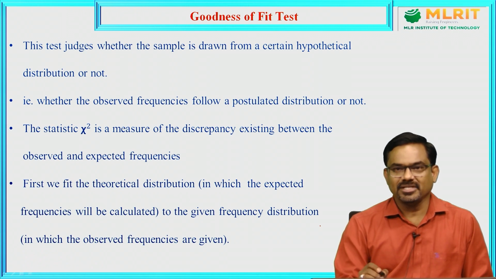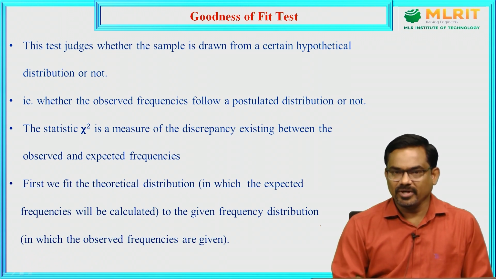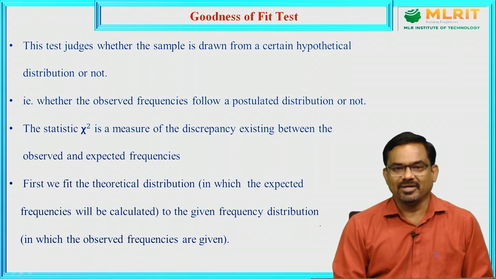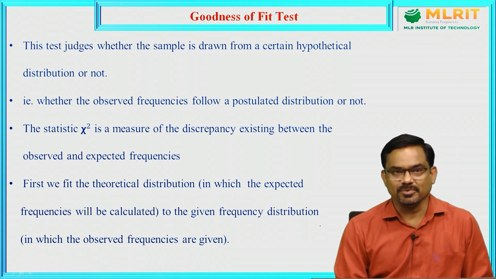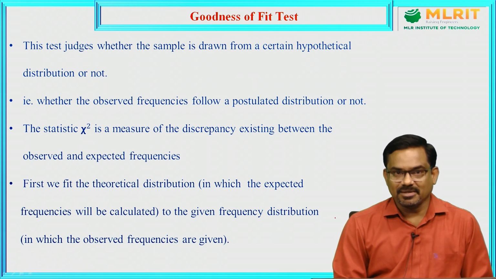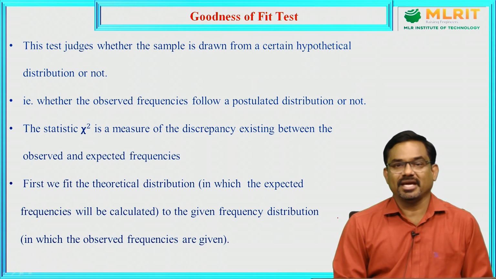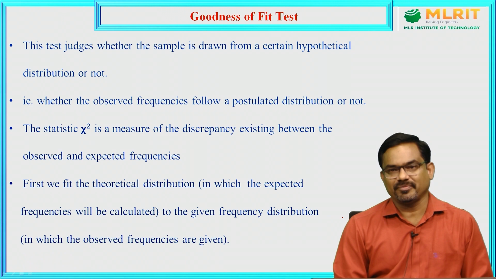A frequency distribution table will be given. Now, we need to test whether a good fit exists between the given data and a theoretical distribution. The statistic chi-square is a measure of discrepancy existing between the observed and expected frequencies.